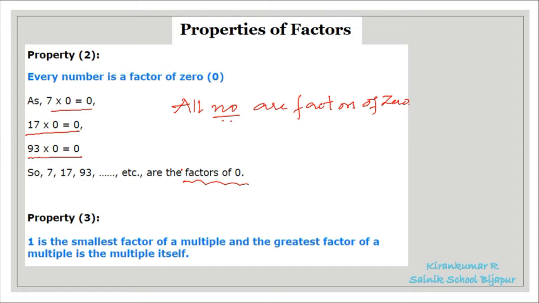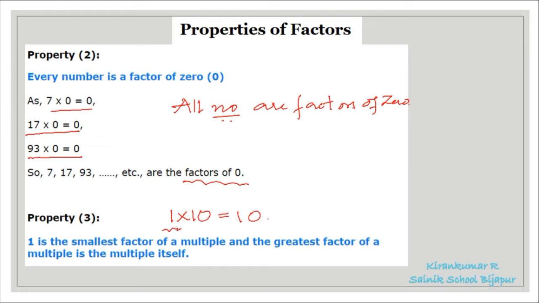Third property: 1 is the smallest factor of a multiple and the greatest factor of a multiple is the multiple itself. So for example, 1 multiplied by say 10 gives 10.